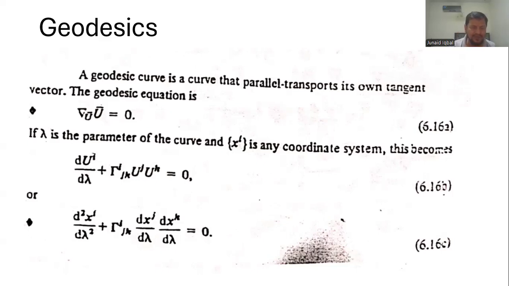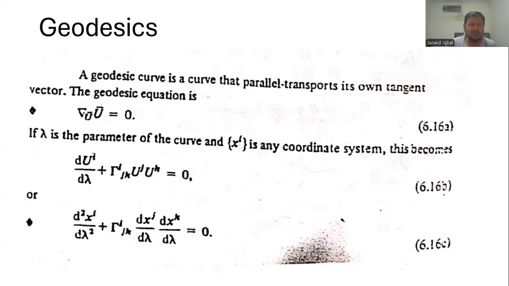Therefore, the first term of the geodesic equation becomes d squared x^i over d lambda squared plus the Christoffel symbol as it is, and u^j becomes dx^j over d lambda, and u^k equals dx^k over d lambda, and the whole expression is equal to 0. So equation 6.16 is called the geodesic equation.